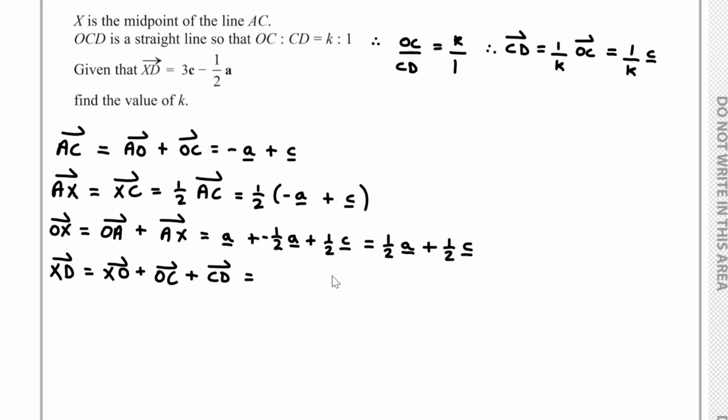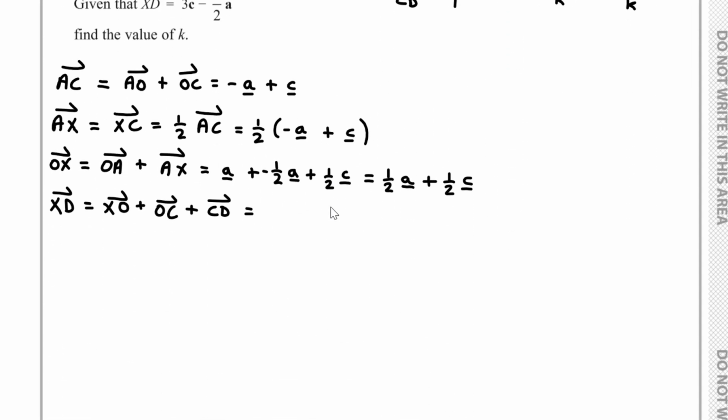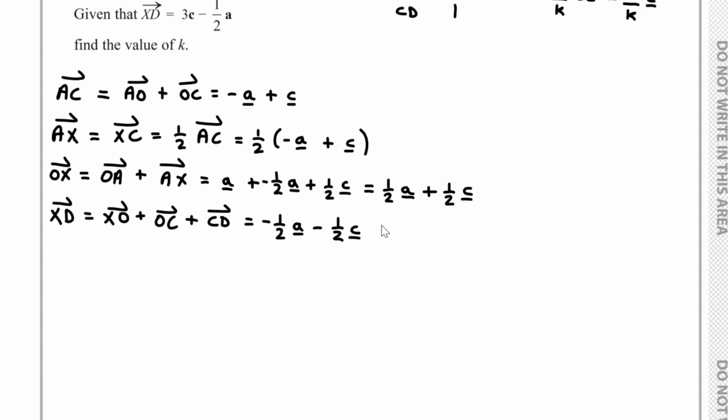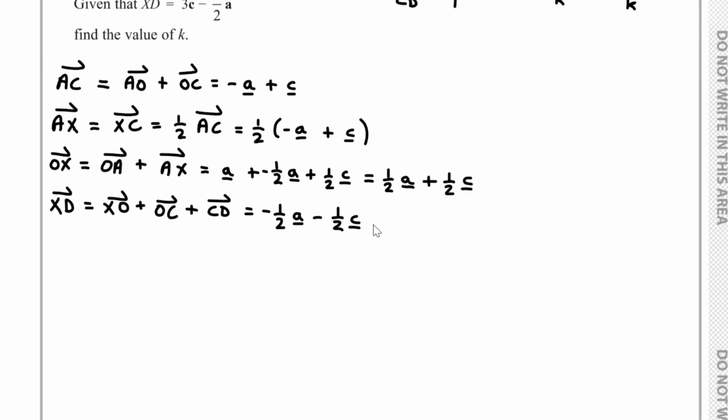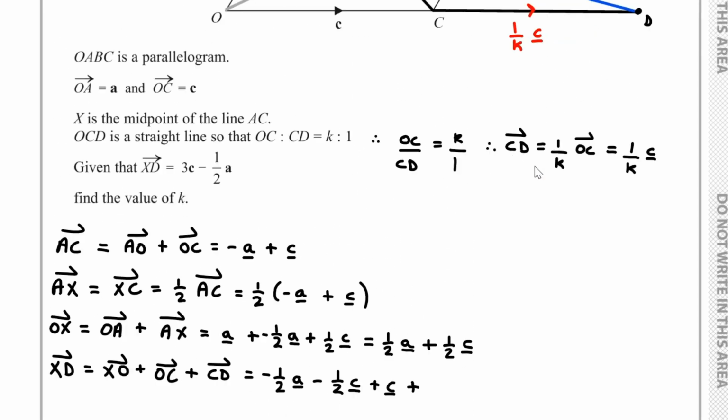So if I work all of this out, XO, we know that's minus 1/2 A minus 1/2 C. So here we've got minus 1/2 A minus 1/2 C. OC, we know that's just C. And then we're going to add on what CD is, which is 1/K lots of C.